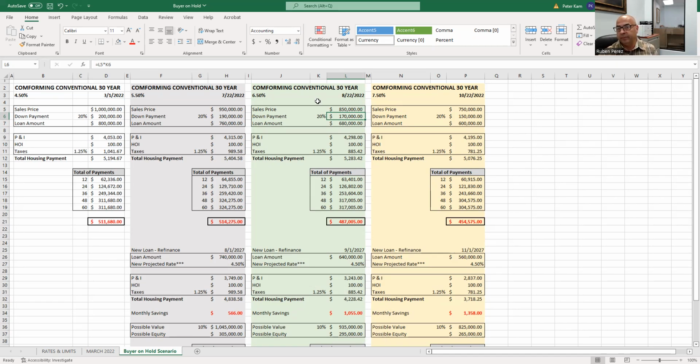But it's going to be a pretty good chunk of change because, in LA County, rents are pretty expensive, and they're getting more expensive because the competition is getting more fierce because there's a lot of buyers on hold or falling out.